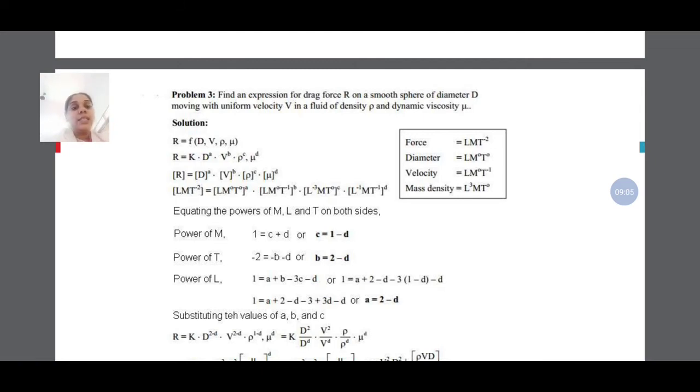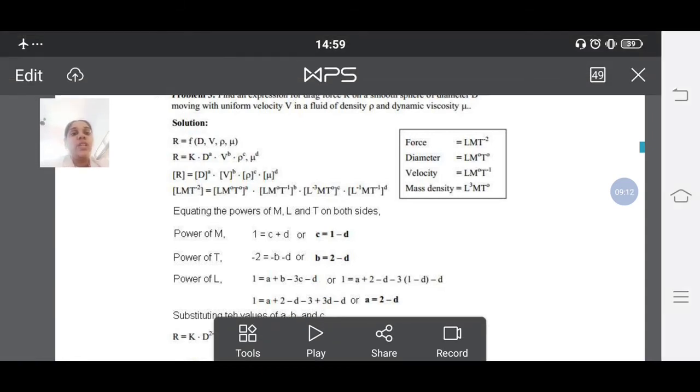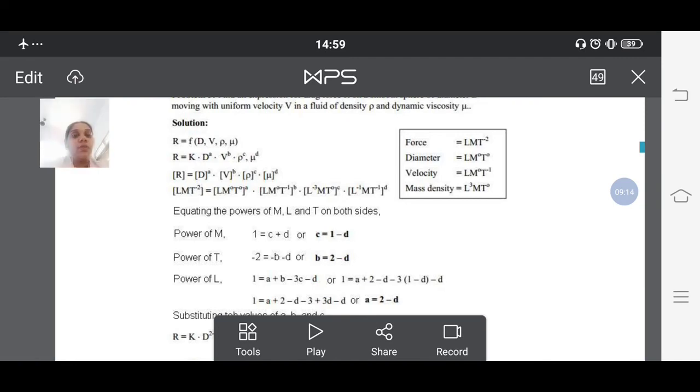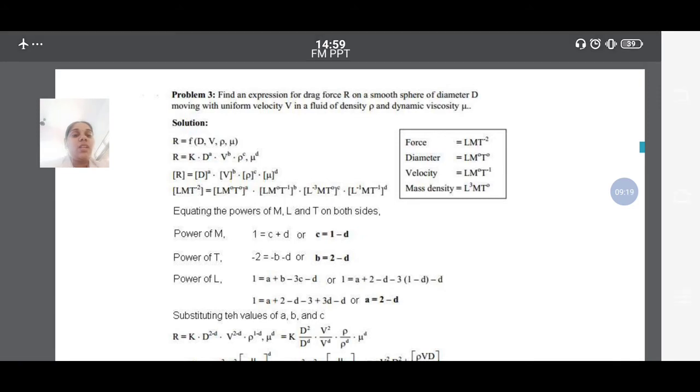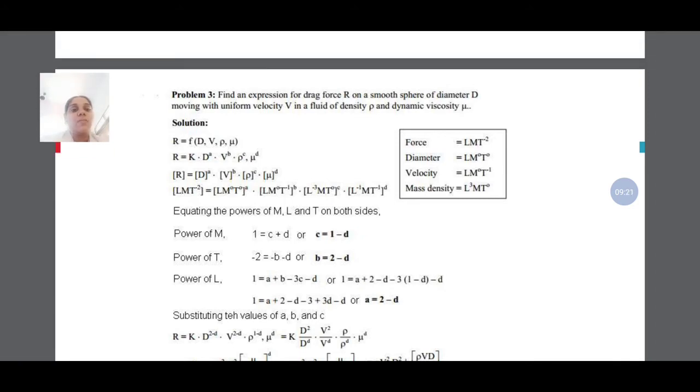In the last term there is only one m, so m power 1, and also there is the whole power D, so m power 1 into D. So simply we take that term, that is power of m, as D. So power of m will be 1 is equal to C plus D. This is the power of m. We can also rewrite this term as C is equal to 1 minus D.